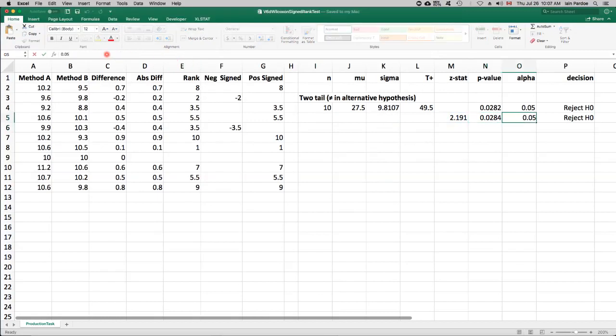Compare that to alpha, the significance level, and if the p-value is less than the significance level, reject the null hypothesis, and it is. 0.0284 is less than 0.05, so we reject the null and conclude that there does appear to be a difference in the medians for the two different methods here.